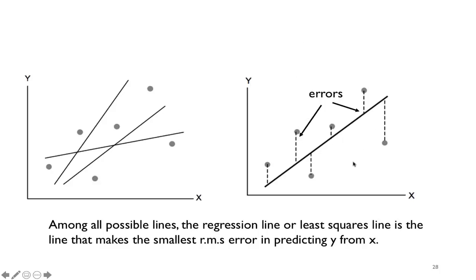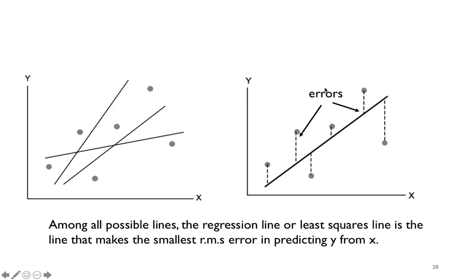The line of best fit is the line that would minimize this total error. If I were to add up all these errors, the line of best fit is the line whose sum of all the errors would be the least. Among all possible lines, it turns out that the regression line, or the least squares line, is the line that makes the smallest RMS error in predicting y from x. Remember from one of the previous lectures, we talked about RMS as the root mean square.